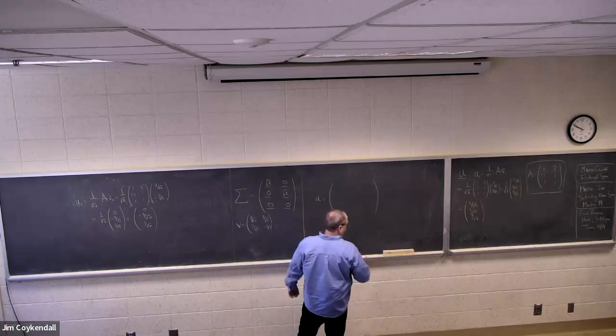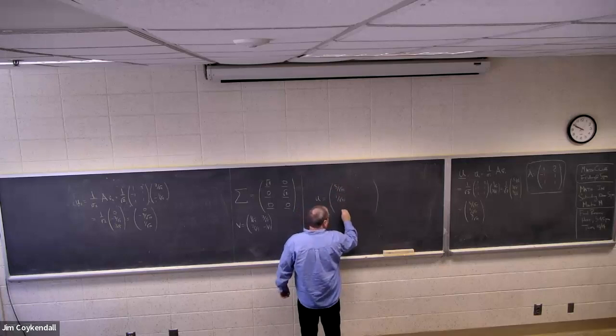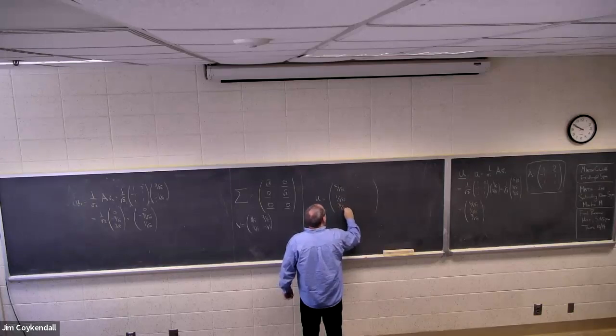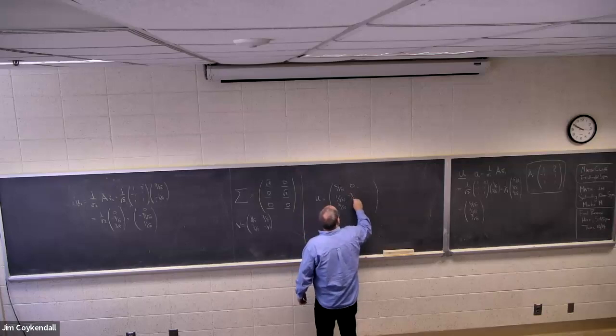It should be corresponding to the first one: 5 over radical 35, 1 over radical 35, 3 over radical 35, and 0, minus 3 over radical 10, 1 over radical 10.